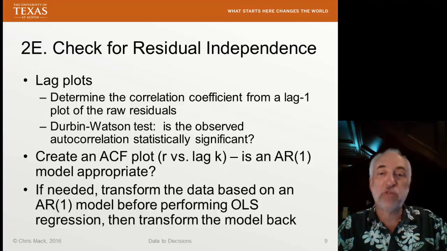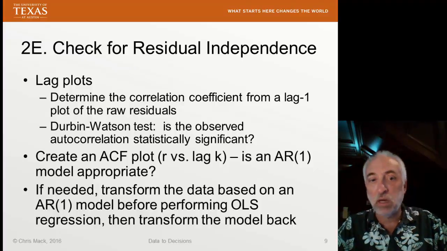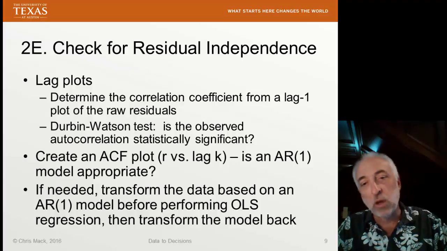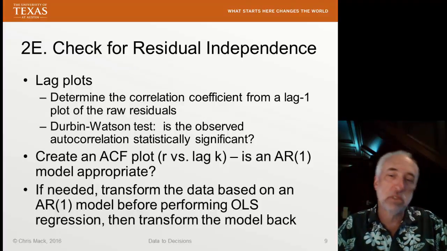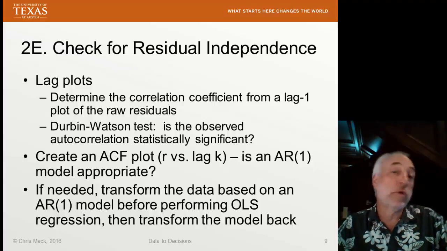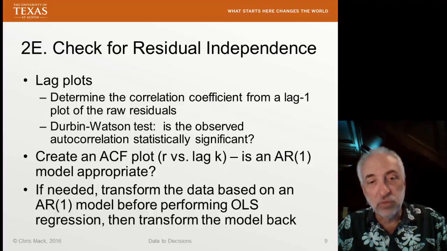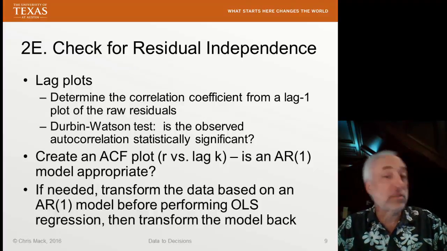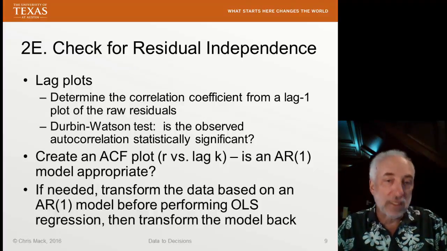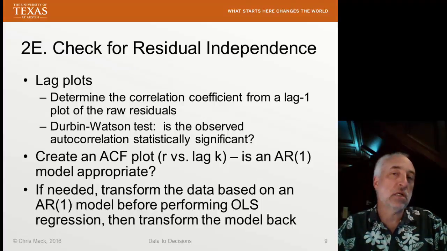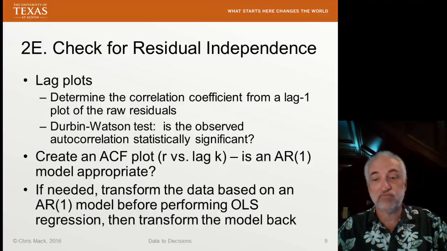If needed, we might transform the data based on the AR1 model, form the OLS, and transform the model back. Or we might try to fix our experiment or otherwise improve our process of collecting the data to eliminate the correlation between the residuals.